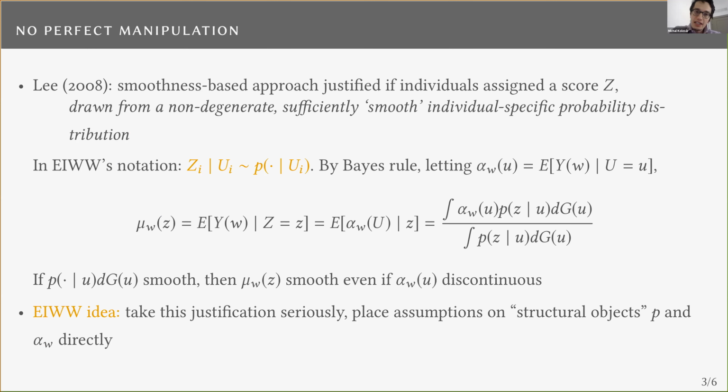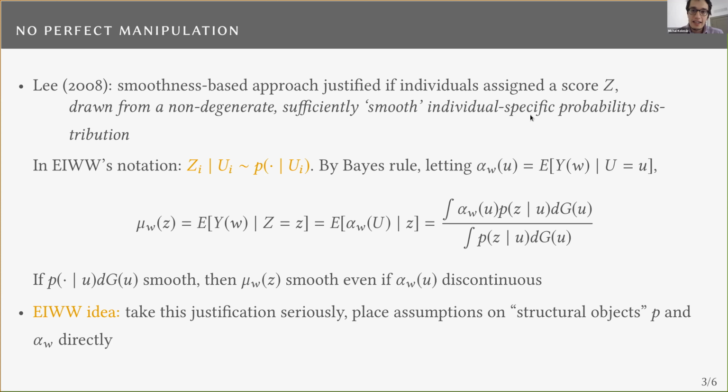And so David Lee has a nice discussion of this in his 2008 paper, where he says that what we need to justify this smoothness-based approach to inference is to ensure that the score, the running variable, is drawn from a non-degenerate, sufficiently smooth individual specific probability distribution.